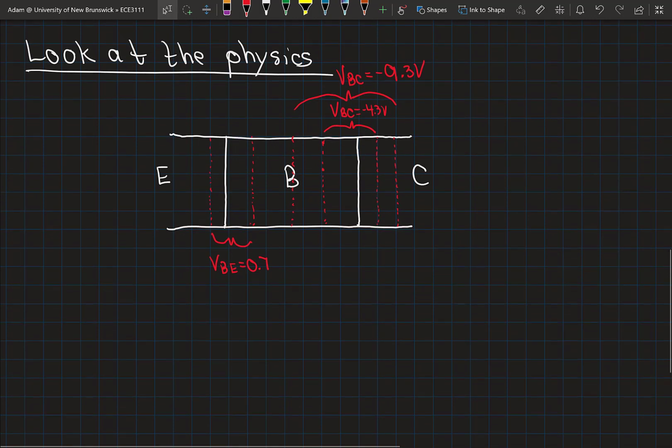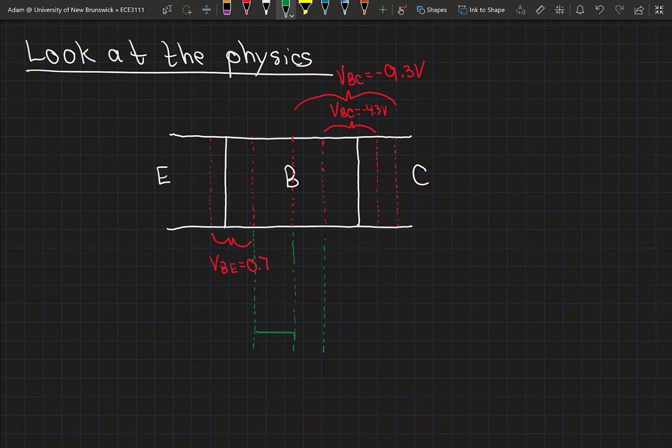What is important to note here is this effective base width. Remember we talked about effective base width here. So I'm going to extend this line. This line's not going to change. This edge of the base, the edge near the emitter, but this edge is moving, right? We have different base widths depending on our reverse bias.